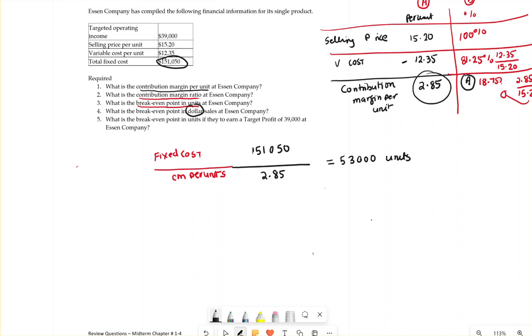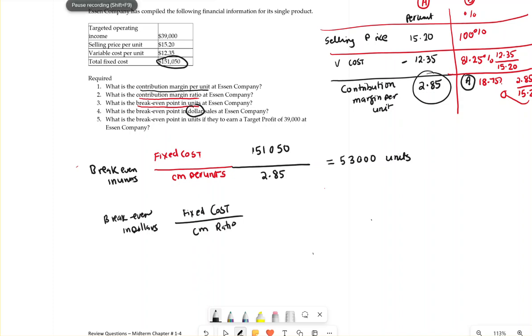Then the next one is break even in dollars. So the first one was break even in units, and then break even in dollars. So again, you have your fixed cost divided by contribution margin, and we need a ratio.